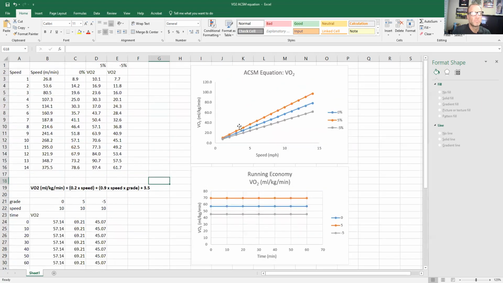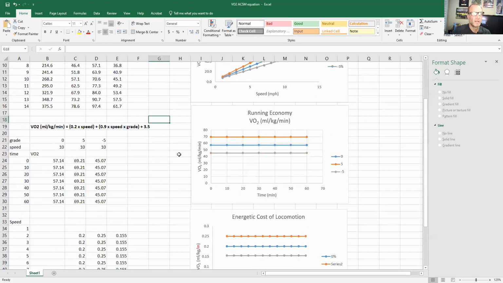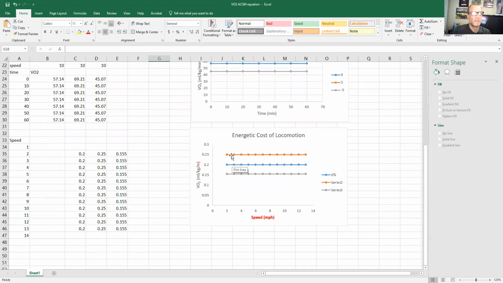This would be analogous to rate of calories used. As I run 10 miles per hour, the rate of calories used is higher than if I run 4 miles per hour. I'm using calories faster. But if I look at the amount of calories used per distance, the math tells us it should be the same regardless.